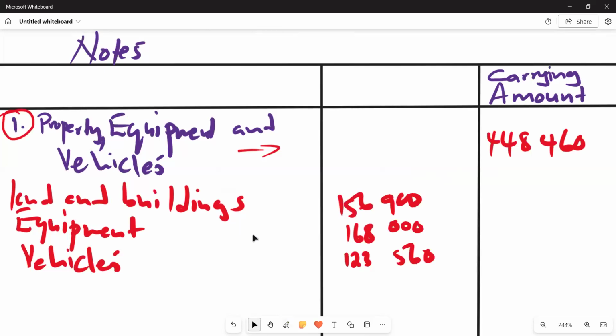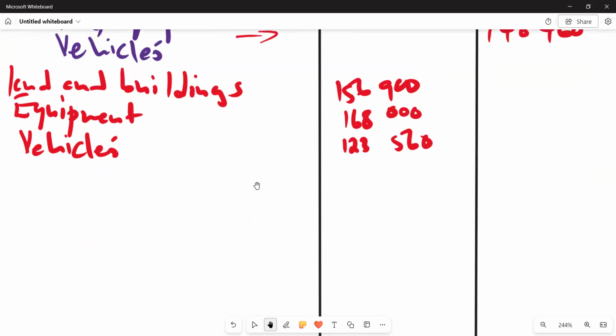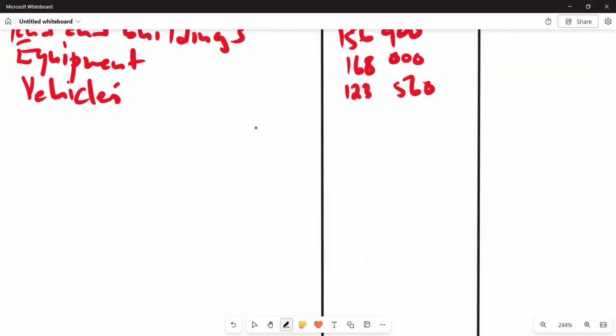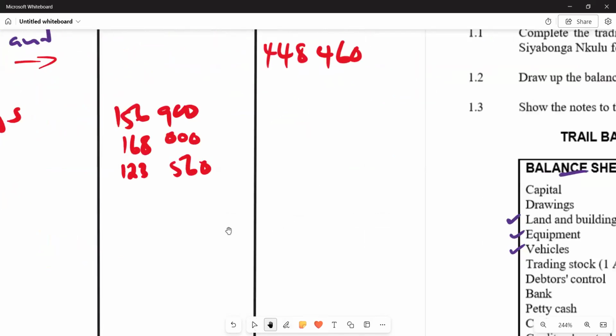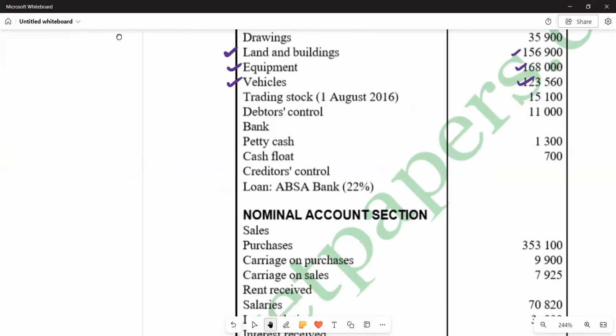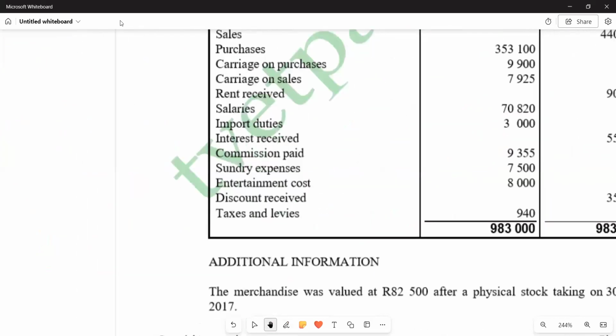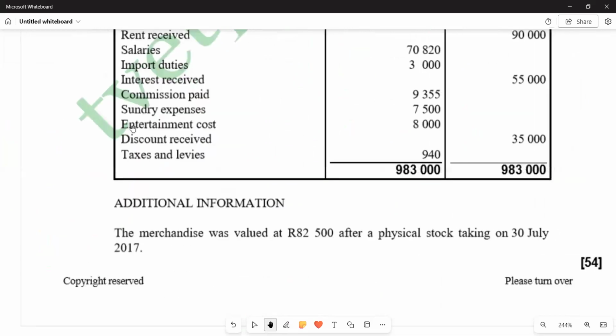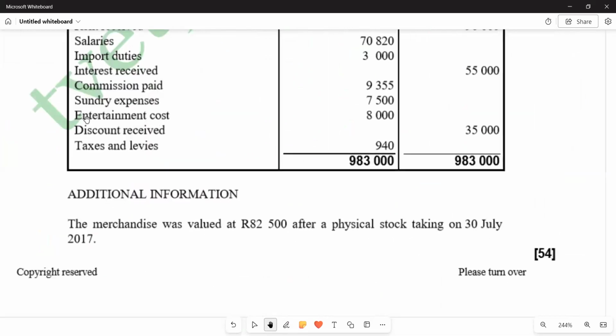So we go to the next note that we are going to prepare in this video. The next note we are going to prepare is for stock. We check for the stocks that we have in the question and then list them there. Remember, the stock, we get it in the additional information. The one that is given in the trial balance indicates the opening stock.